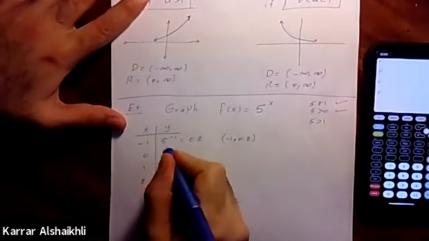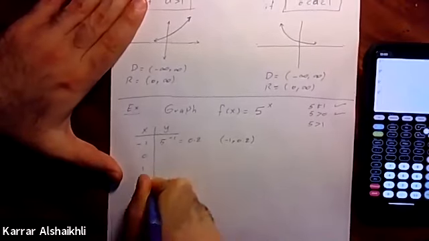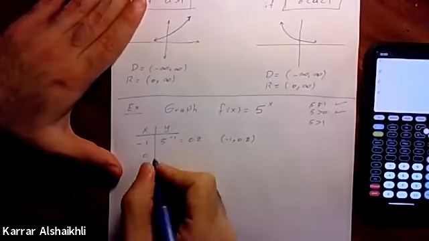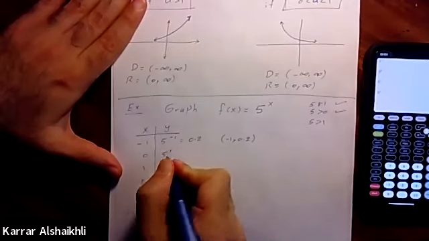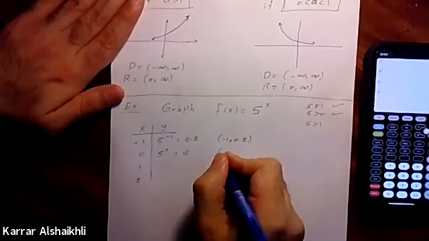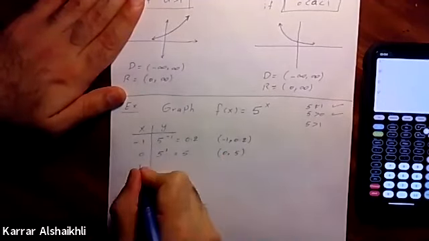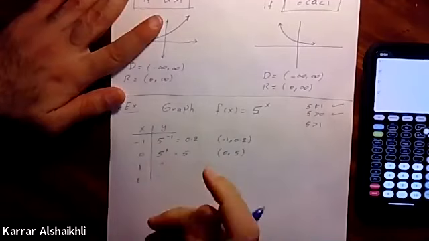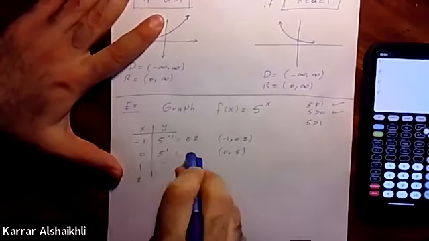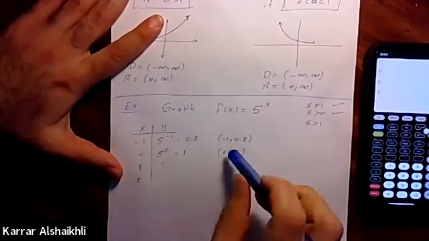Let's do it again here, so you will know what I'm doing. 5 to the exponent 0 is going to be 1.